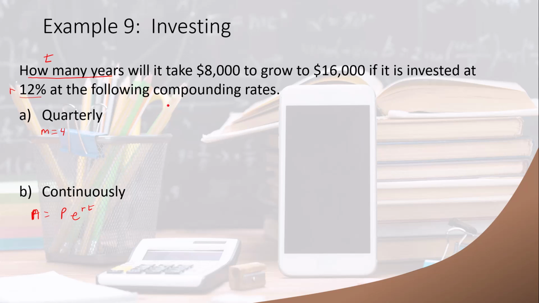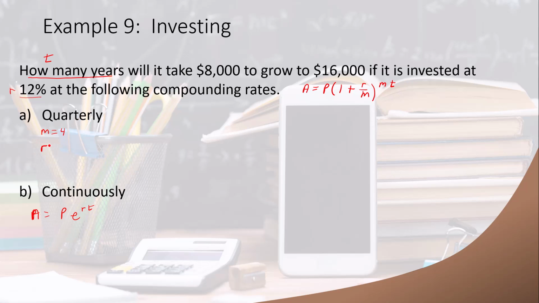So for this problem, we have regular compound interest. And the equation for that is the future value is equal to the present value times 1 plus r over m, raised to the mt power. In this particular case, m is equal to 4 because we're doing quarterly, which means it's 4 times per year.